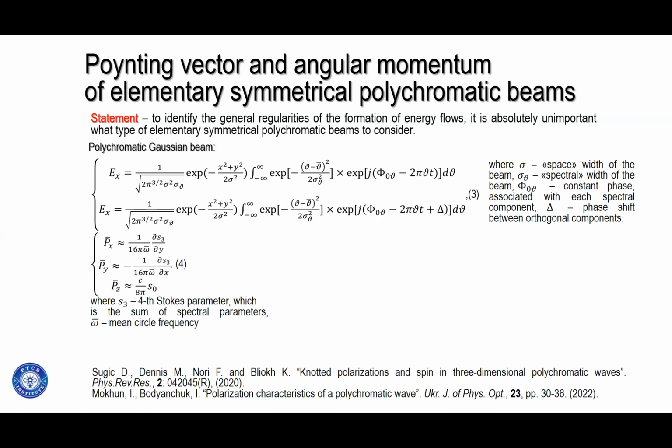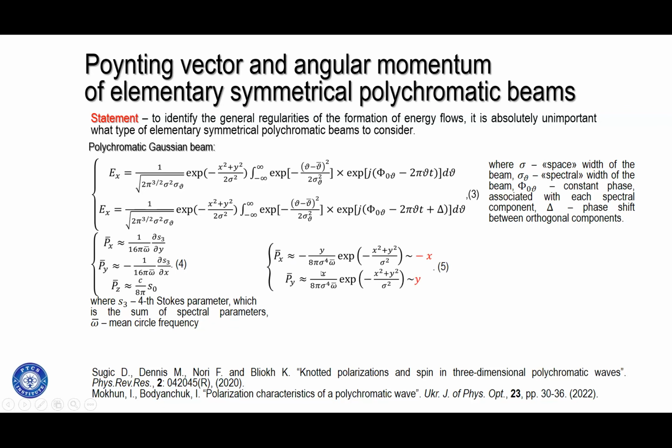Then the components of the Poynting vector can be written in this form, as it follows from these papers. The Stokes parameter here is the simple sum of the spectral Stokes parameters. Accordingly, the components of the Poynting vector have this form.